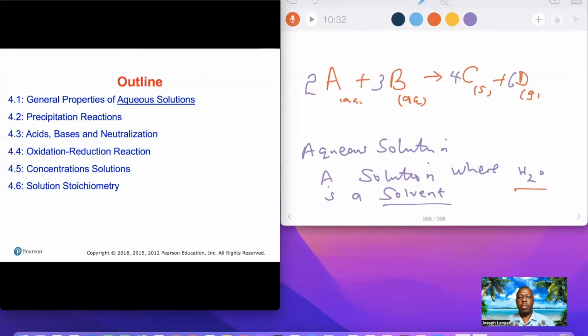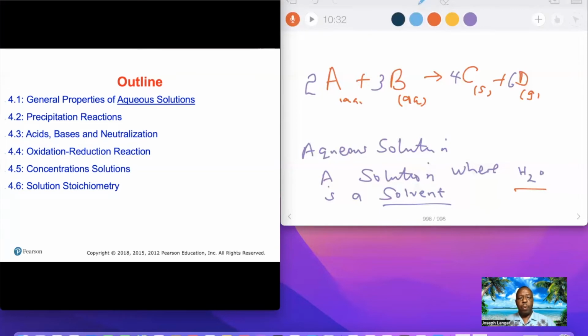We'll look at a special type of double replacement reaction, where a hydrogen ion combines with a hydroxide ion to form H2O. We call that an acid-base neutralization reaction. And then section 4.4 is on oxidation-reduction reactions, abbreviated as redox. This is a reaction where there is transfer of electrons. We look at how to keep track of electrons being transferred.